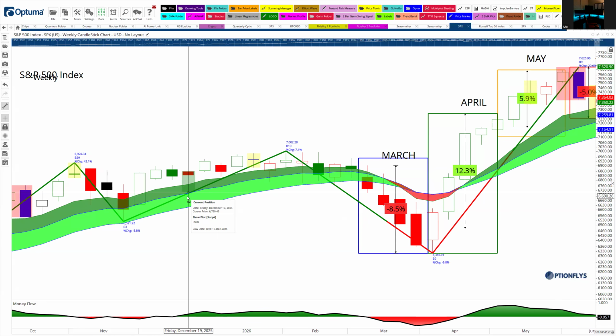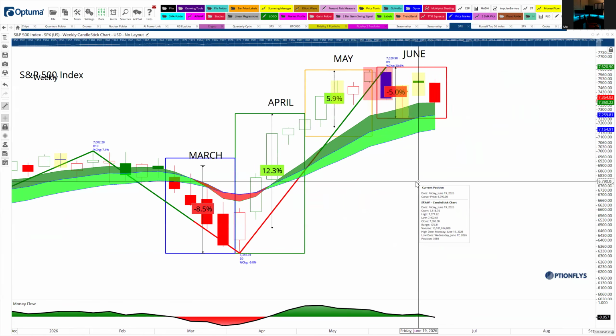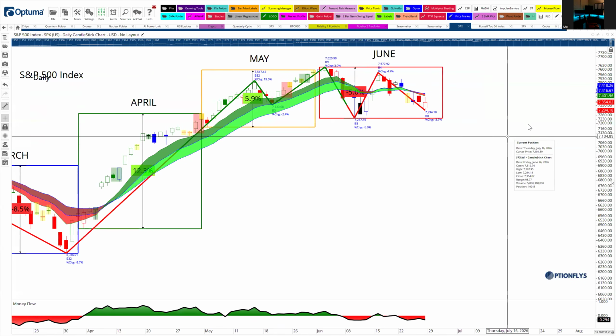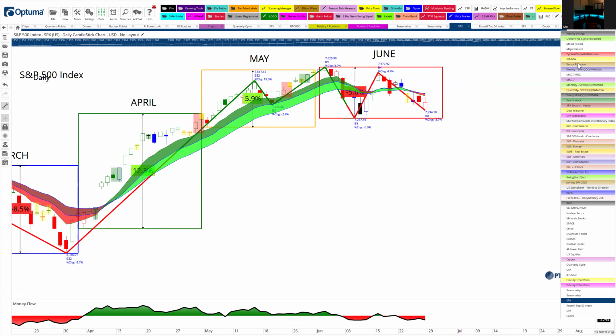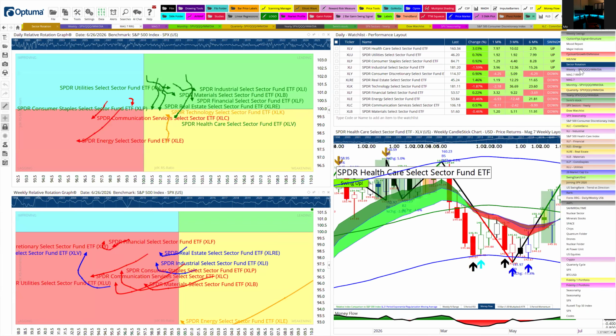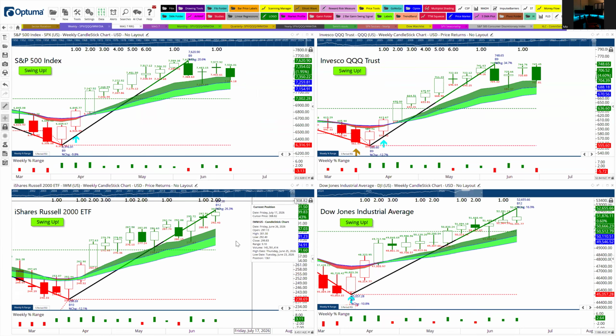Momentum is what? Speed. This is where the price is getting into a little tricky part, because it's looking for this. Now watch this one, this rotation here.